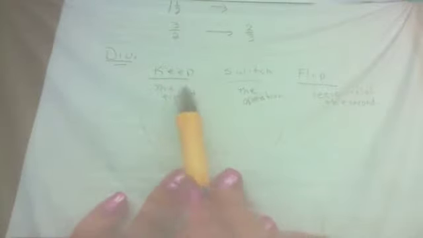So we keep the first number, we switch the operation, and we flip the second number, or take the reciprocal of the second number. Okay, so division: keep the first, switch the operation, take the reciprocal of the second.